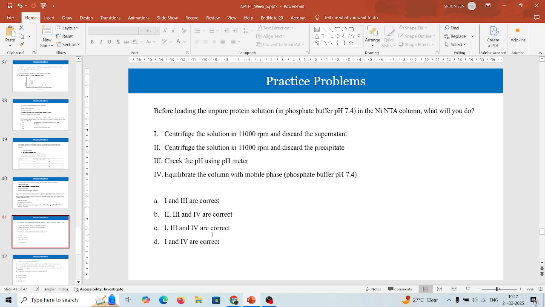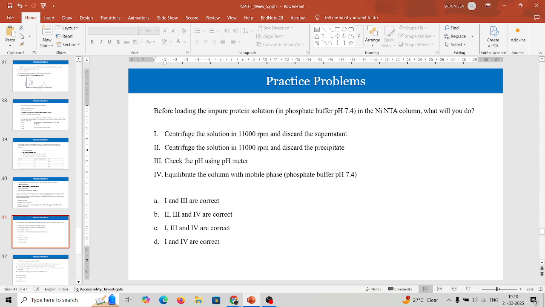So before loading the impure protein solution, it's telling that your protein is impure and it's also in its solution. So centrifuge the solution at 11,000 and discard the supernatant is wrong. So 1 is wrong.